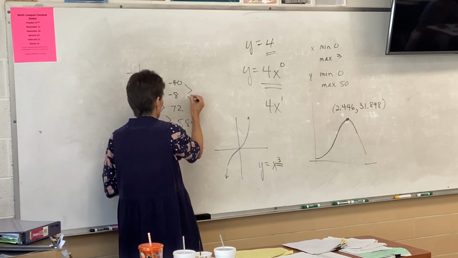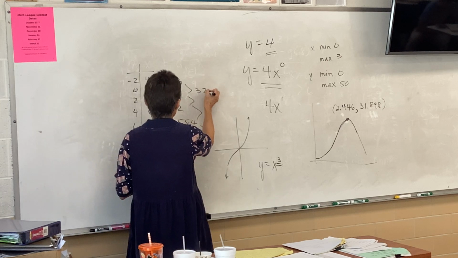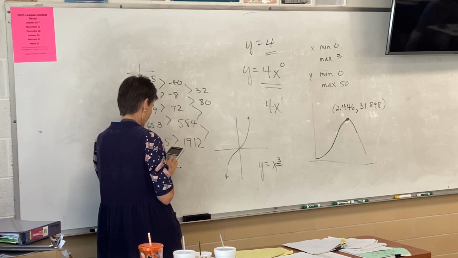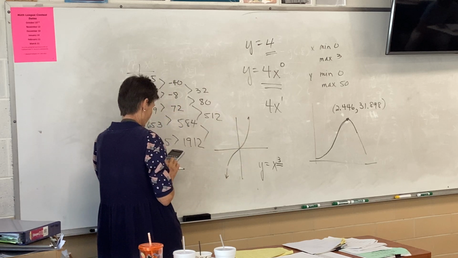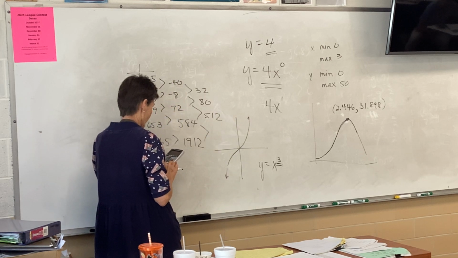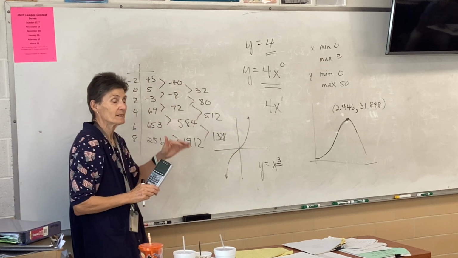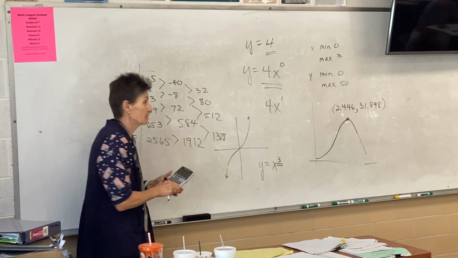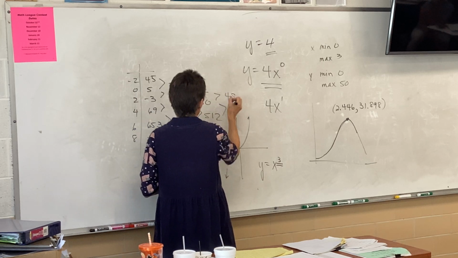Alright, so let's check second differences. This is up by 32, this is up by 80, up by 512. Okay, not quadratic, because if it were quadratic, these would be the same, right? Up by 40, is that 48?